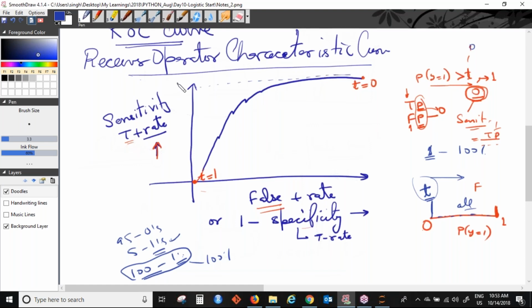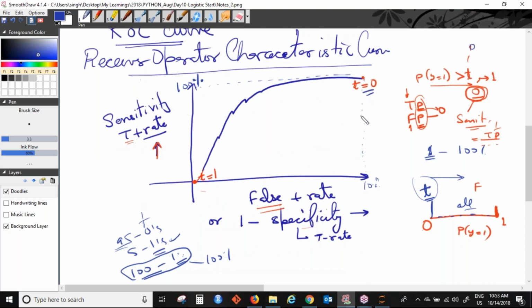This is at the maximum, and this is 100%. What will be your false positive rate in that case? Your false positive rate will also be high, right guys? Because you have predicted everybody as cancer, and 95 of them did not have cancer, but you said 1 for them. So your false positive rate will also be very high. So almost 100%. Look at this.